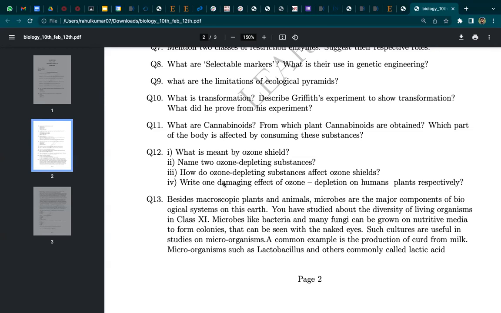It does not allow UV radiation to reach the surface of the planet, because the sun radiates in all wavelengths. The sun is basically a source of electromagnetic radiation.